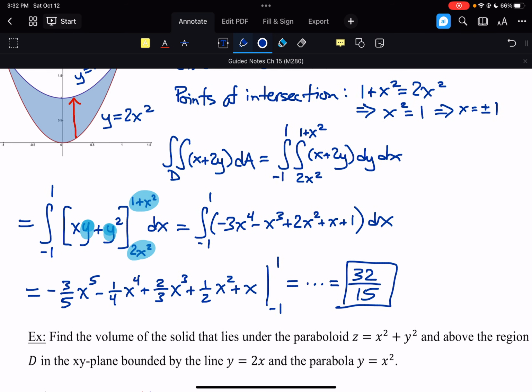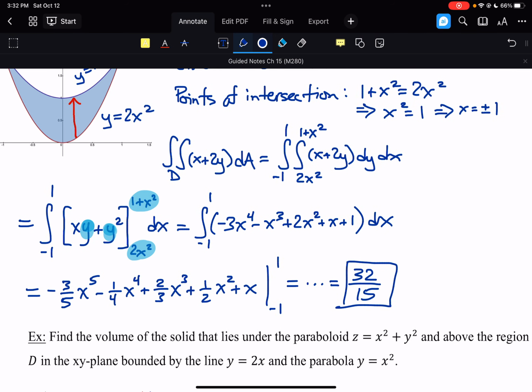So I want to pull up this graph here. As you can see, we've got this paraboloid, x squared plus y squared, and we've got the region in question. So you can kind of see it down there. That region is bounded by y equals 2x and y equals x squared. We're trying to find the volume of the solid that is below the paraboloid but above that region.